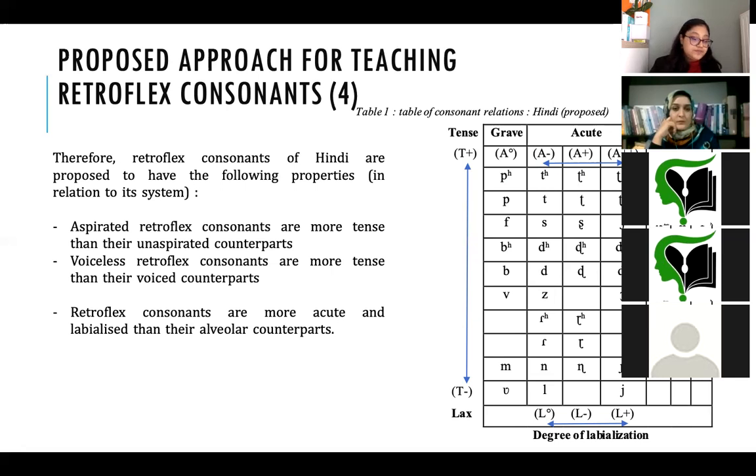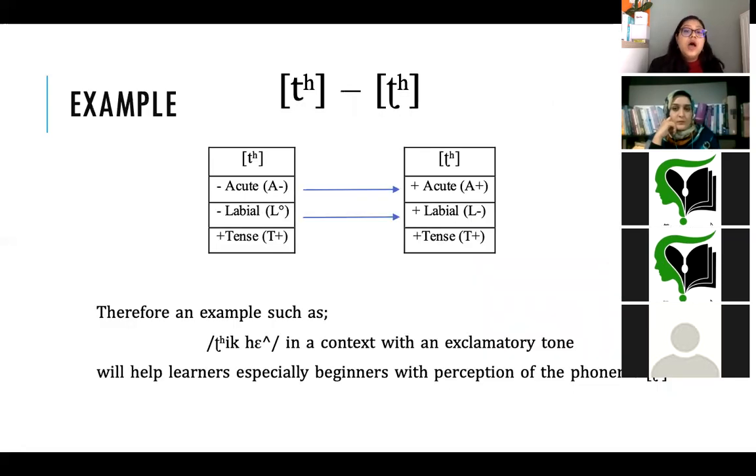To give you an example, if we had to do a differentiation between the alveolar t and the retroflex t, we can see that one is less acute than the other and less labialized than the other, while the tenseness remains the same for both.